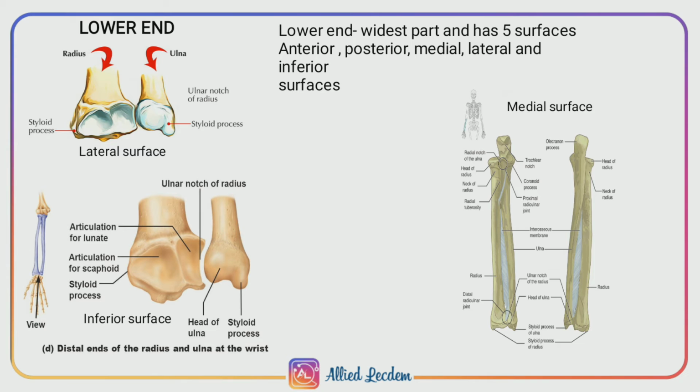The medial surface is occupied by the ulnar notch for the head of the ulna. The lateral surface is prolonged downwards to form the styloid process, and the inferior surface bears a triangular area for the scaphoid bone and a medial quadrilateral area for the lunate bone. This surface takes part in forming the wrist joint.